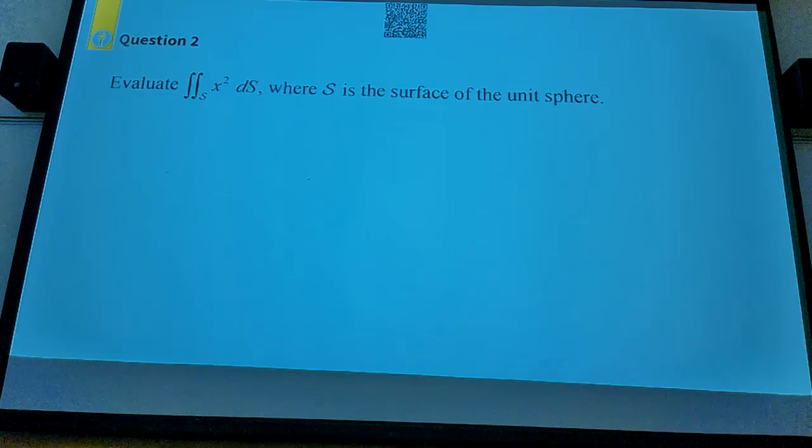So you want to integrate x squared over the surface of the unit sphere.